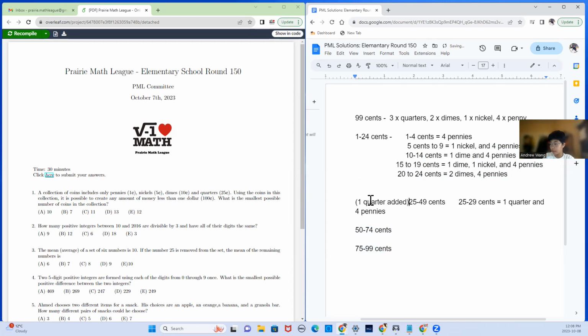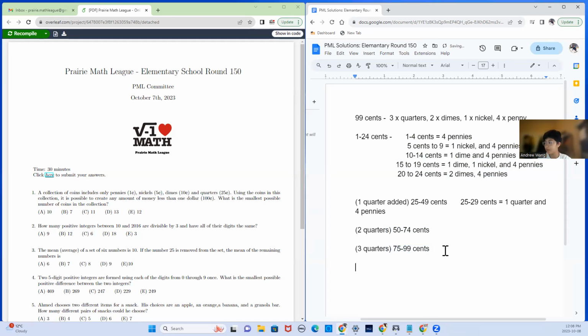added when it's in the 25 to 49 cents range, and we can actually add 2 quarters plus all the pennies, nickels, and dimes to get any desired value in this range. And then we can use 3 quarters to get any desired value in this range.